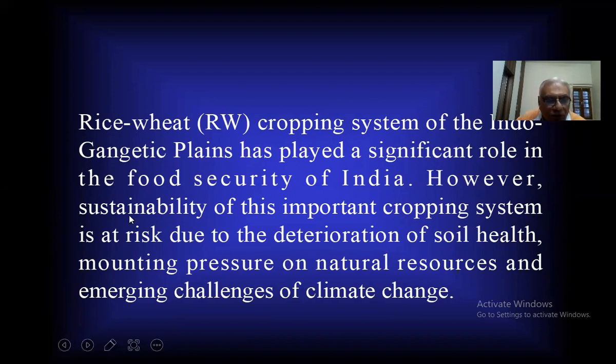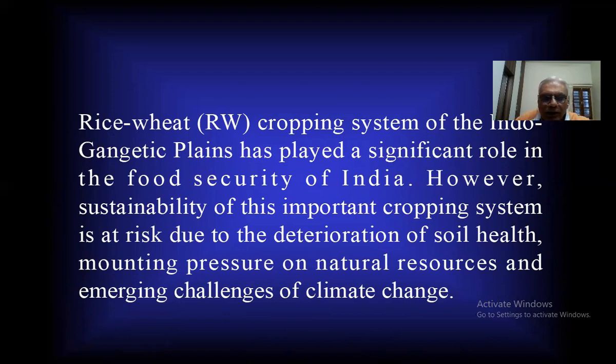However, the sustainability of this important cropping system is at risk due to deterioration of soil health, mounting pressure on natural resources, and emerging challenges of climate change. So there are three problems: deterioration of soil health. Why is the soil health deteriorated?